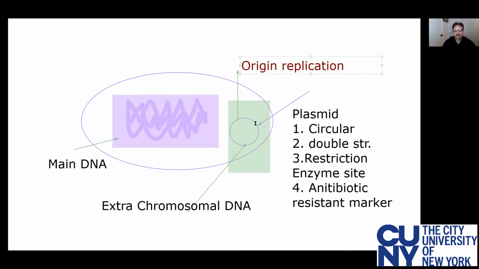Means both these DNAs, the main DNA and the bacterial plasmid DNA, replicate independent of each other. So to review, it is circular as the shape suggests, it is double-stranded, it has unique sites called restriction enzyme sites, which is very important to remember. And the fourth thing is that it has antibiotic markers.